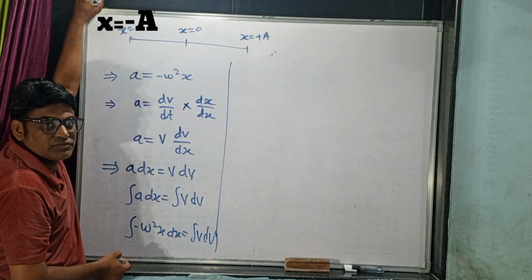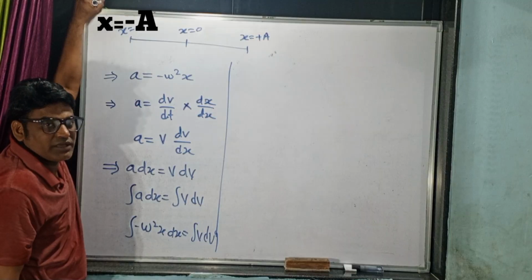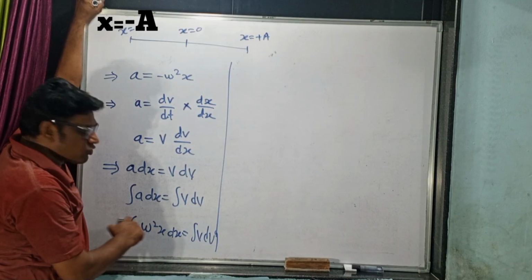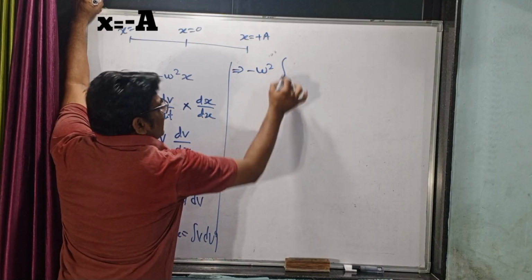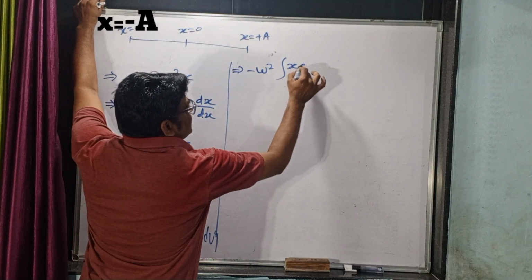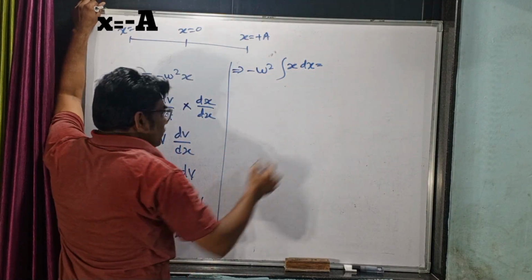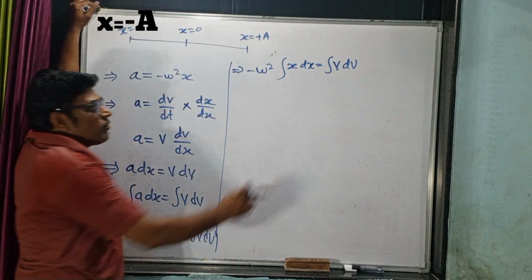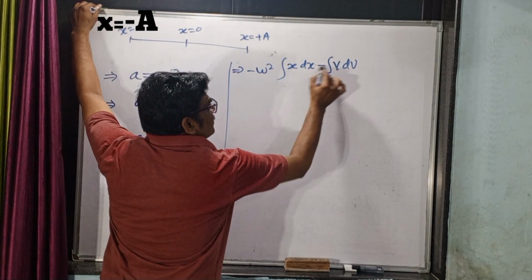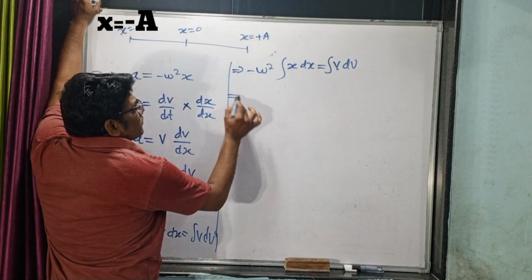Correct or not? Now let us integrate this. The minus omega square can be taken outside, so minus omega square integration of x dx is equal to integration of v dv. Any problem?